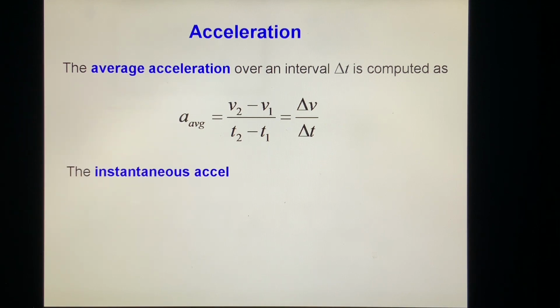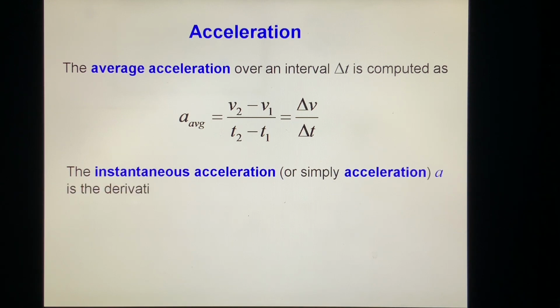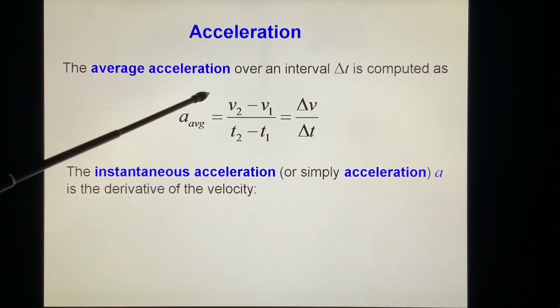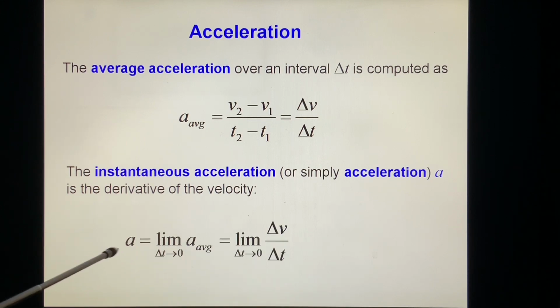And then usually we are interested in instantaneous acceleration, or simply acceleration. a is the derivative of the velocity. The instantaneous acceleration is the limit of the average acceleration when delta t goes to zero.